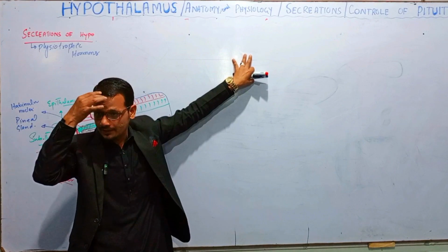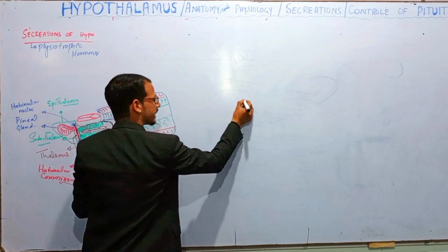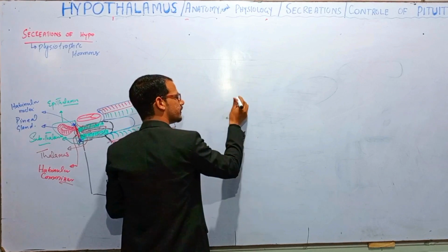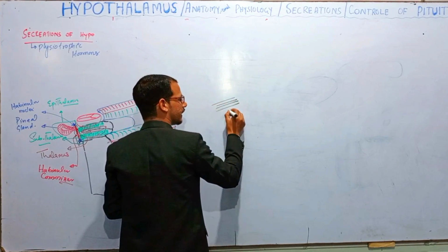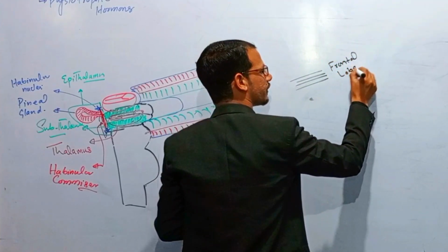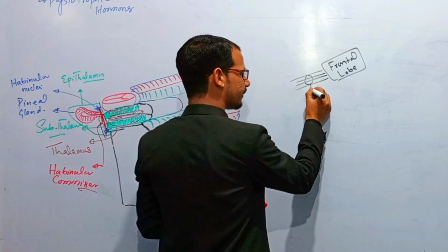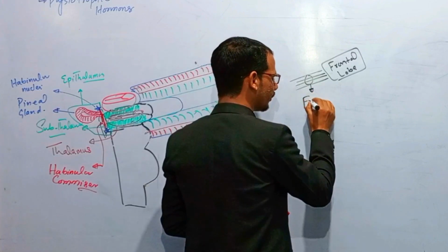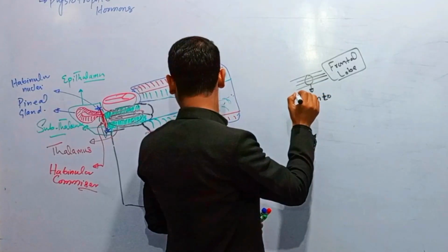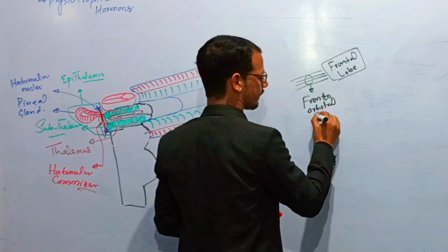Forebrain, the frontal lobe is present. From the frontal lobe the fibers are coming here, for example, these fibers coming from the frontal lobe of the brain.